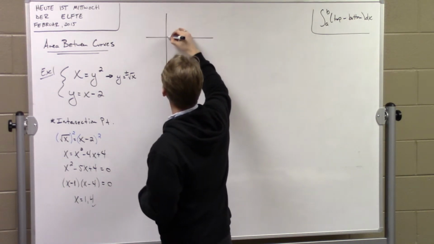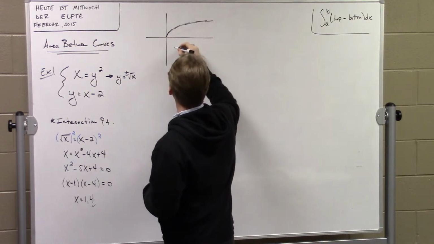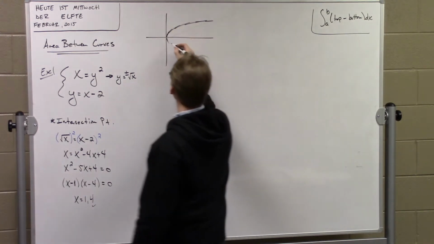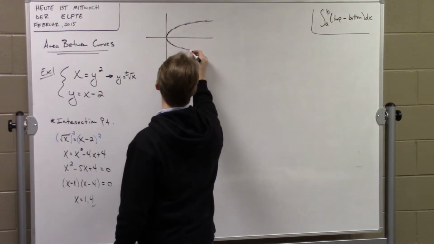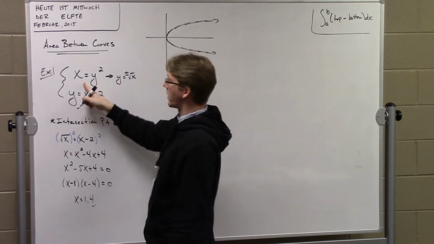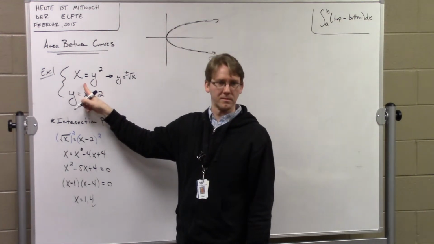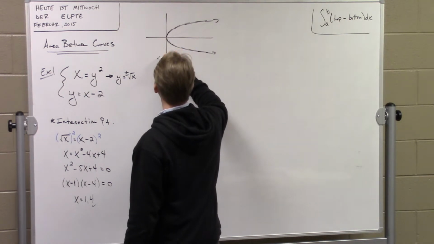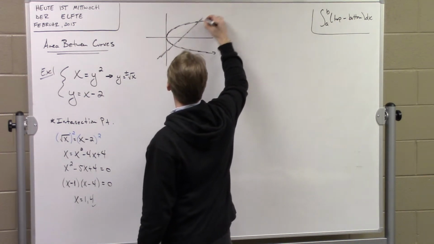We've got this square root, which goes like this, and the negative square root, which looks like this. Nobody recognizes that as a sideways parabola? Then you have x minus 2, so it cuts through like this.